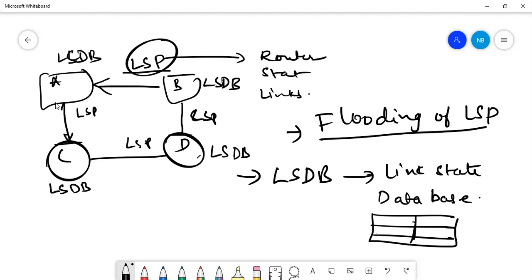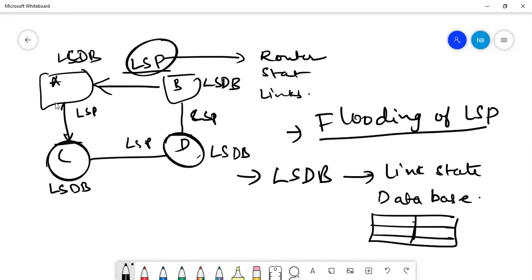The database will contain a table, and in the table we have information about different networks and everything.